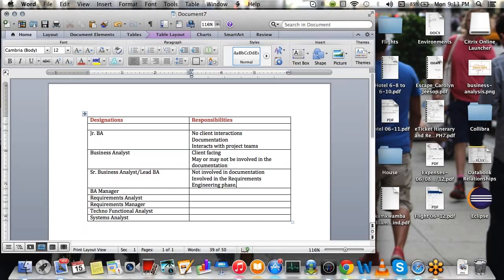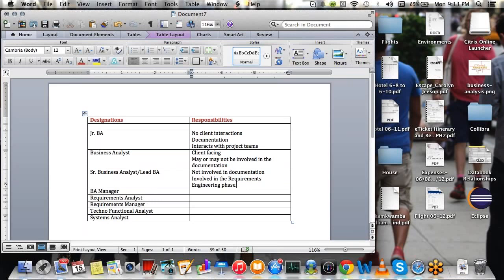But what do these lead business analysts do? They may not be available during all the phases of the project. So they kickstart with the planning phase. They will make sure we or the other analysts are capturing all the necessary requirements.